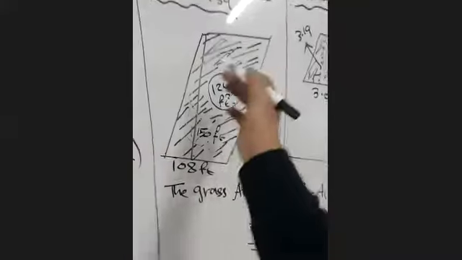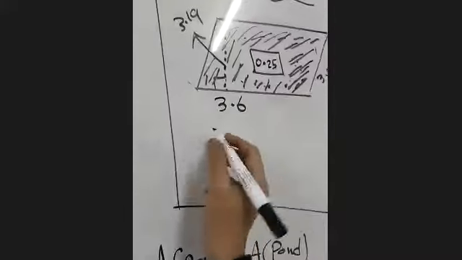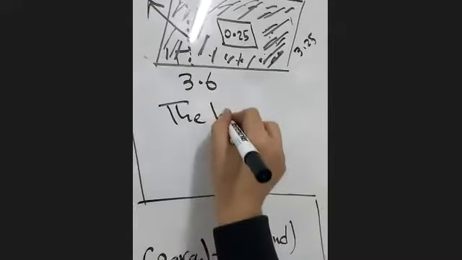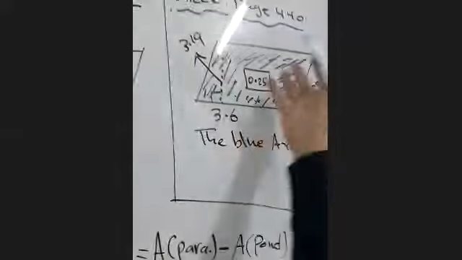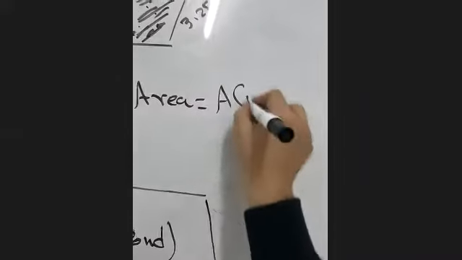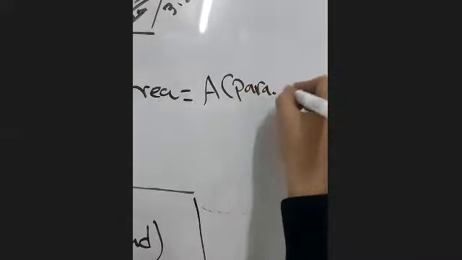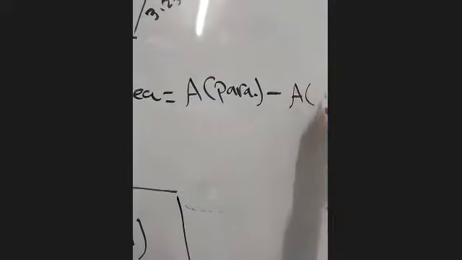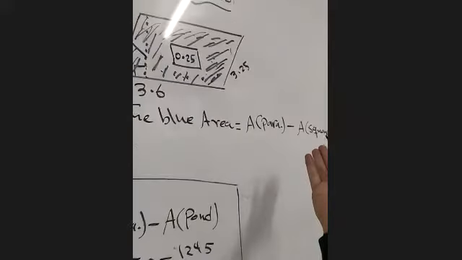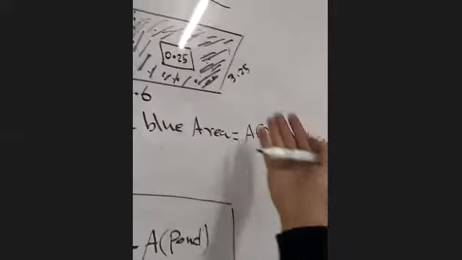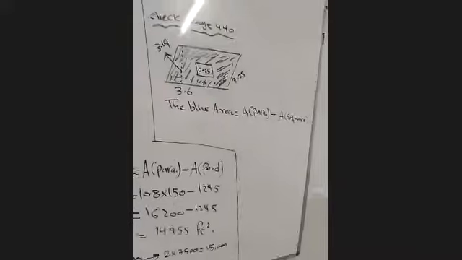Here I call it the grass area. Here I will call it the blue area. The blue area equals the area of the parallelogram, right? Minus the area of the square which is inside the parallelogram. Get it?